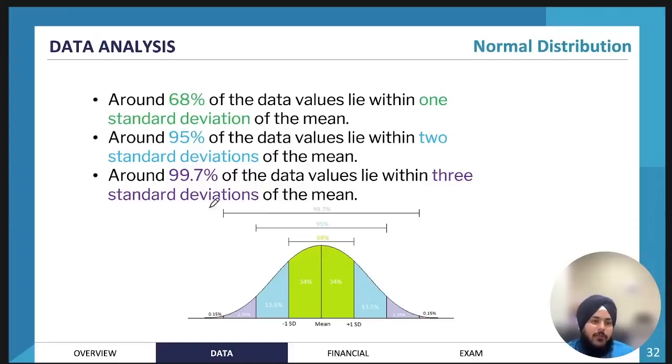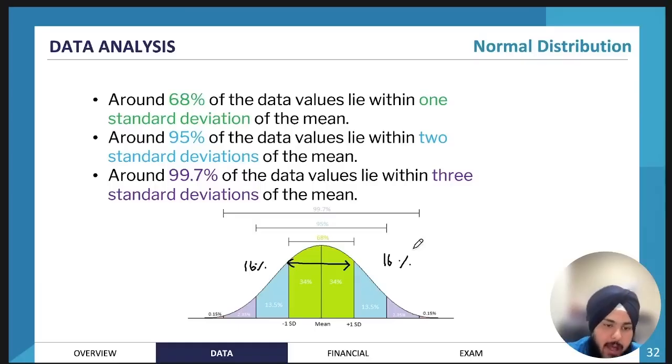If 68% is between plus and minus one standard deviation, the total should always equal 100%. So if 68% is just this much over here, what is the rest of it? The rest of it is going to be 32%. So we will have 16% on the left-hand side, because remember, it's a symmetrical graph. So 16% here and 16% here, with 68% in the middle, in total equaling 100%.